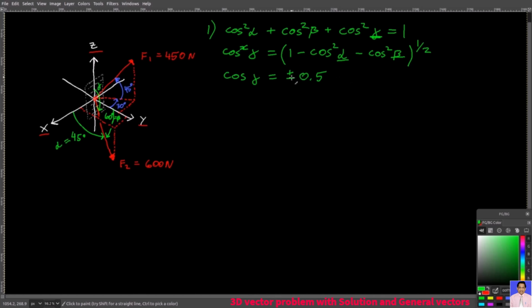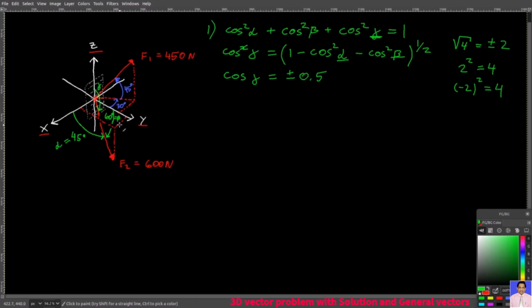You have plus minus here because if you take the square root of something, for example, square root of 4, then it equals plus minus 2, meaning that 2 squared equals 4, and minus 2 squared, it also equals 4.